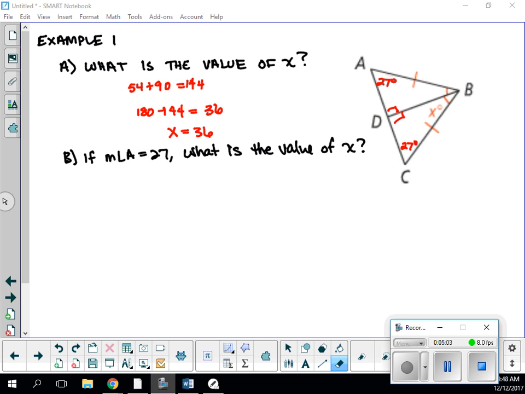Now this is 27. So 90 plus 27 is 117. 180 subtract 117. What, 63? So x equals 63.